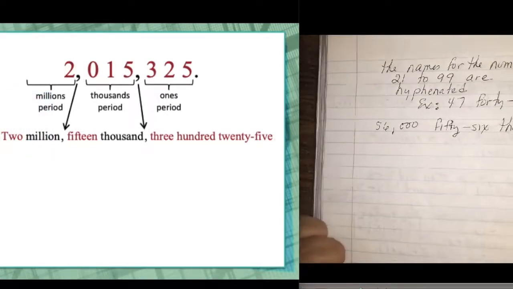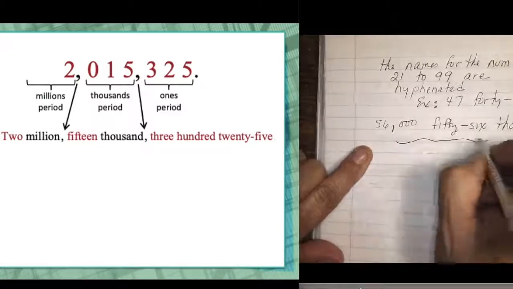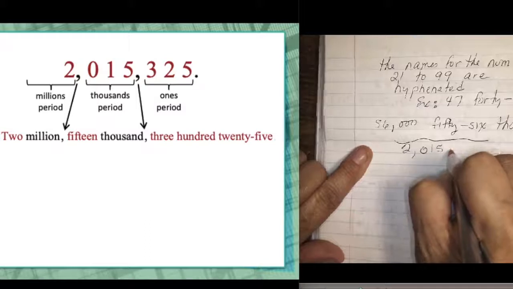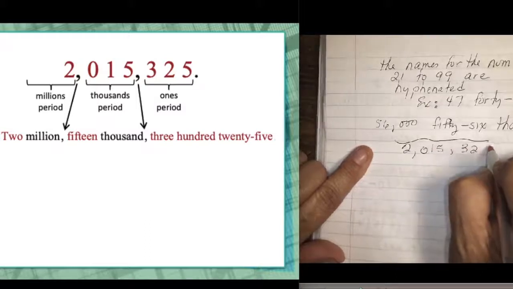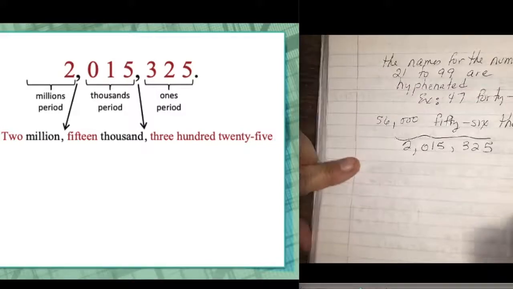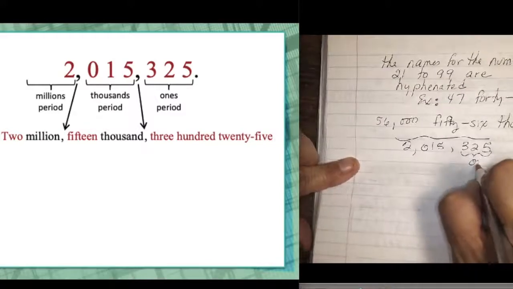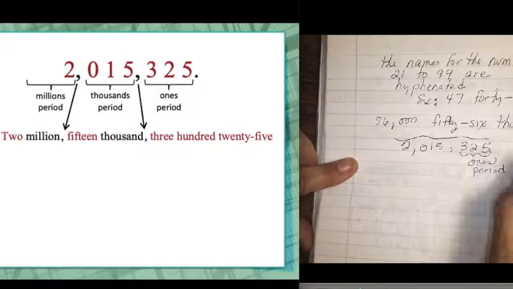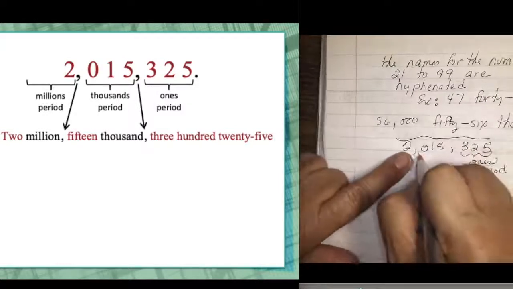Okay. So here's another example. 2,015,325. So we have the different periods. We have the ones period. Then we go over to the thousands period.